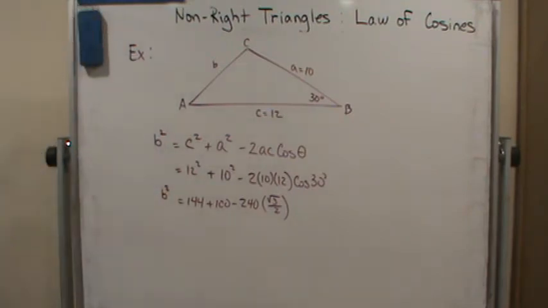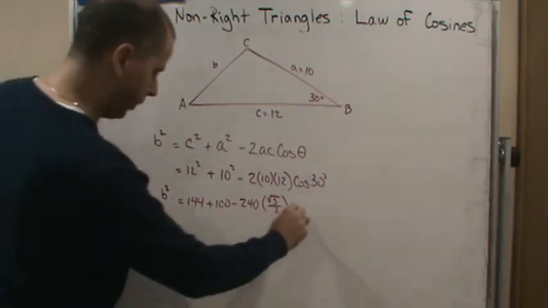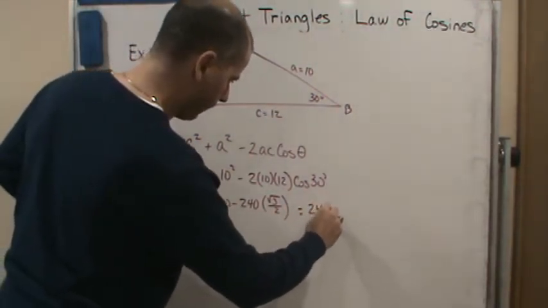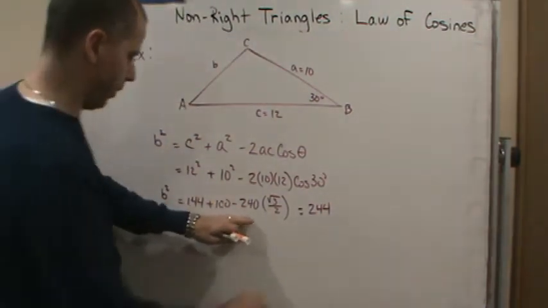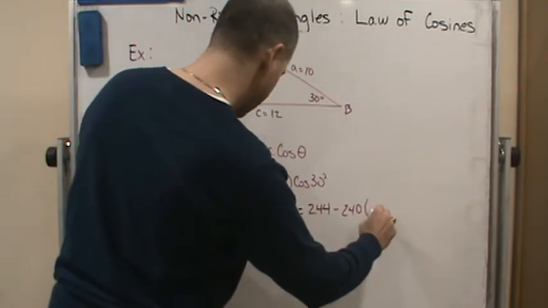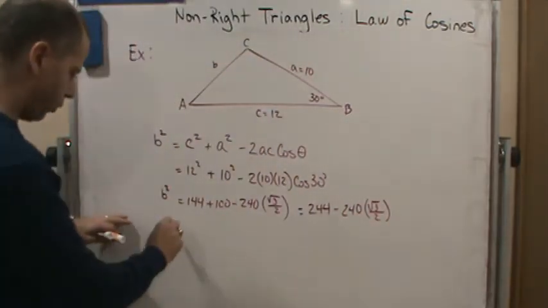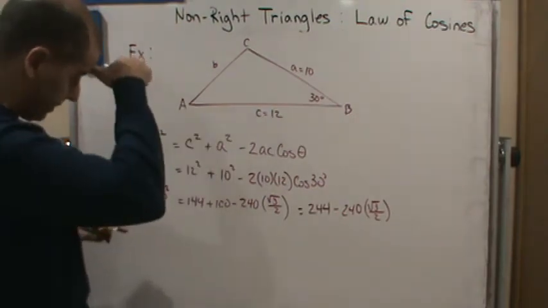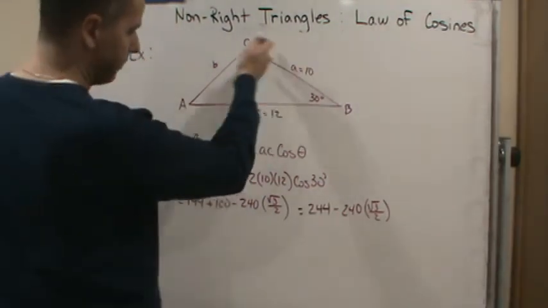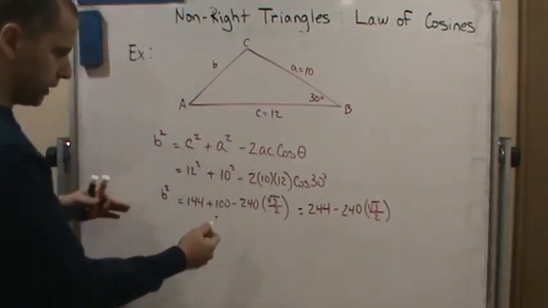If we simplify, we get 244 minus 240 times the square root of 3 divided by 2. If we take the square root of both sides, since we're dealing with triangles, lengths are always positive, so we don't have to worry about the plus or minus.